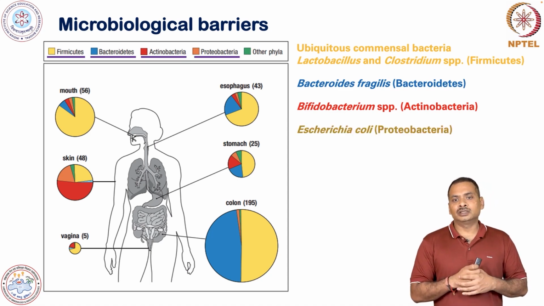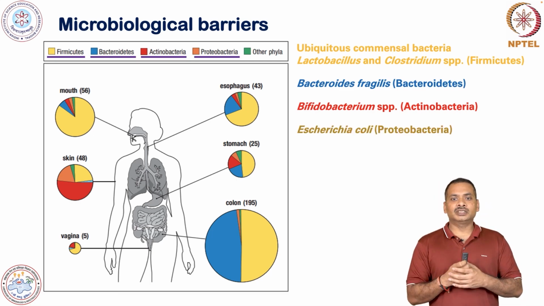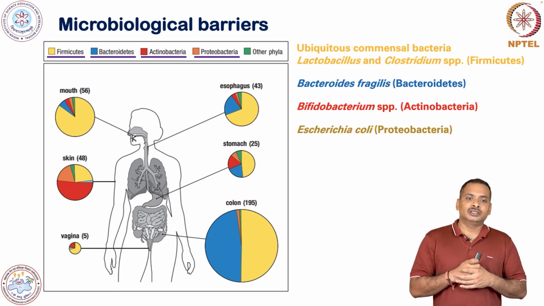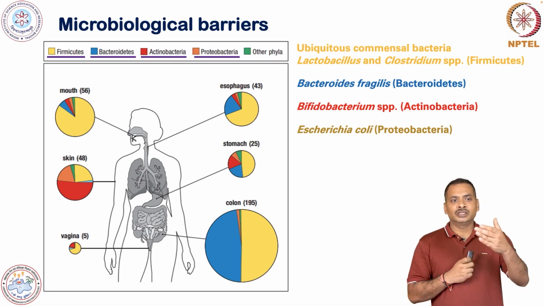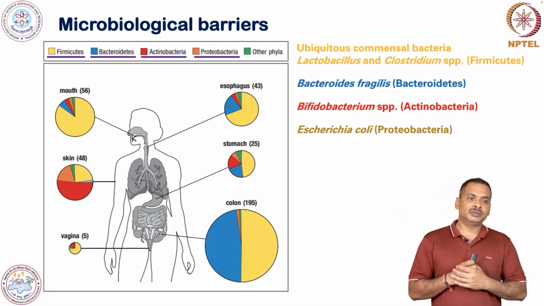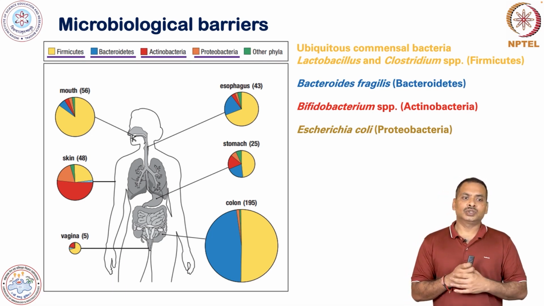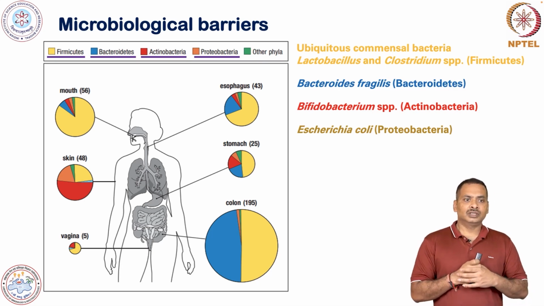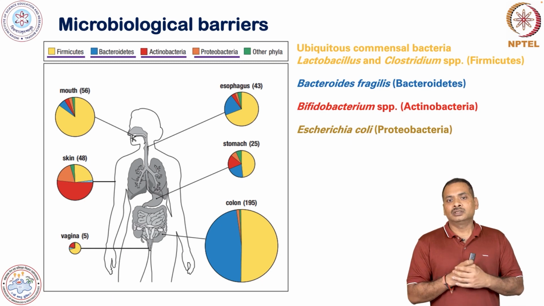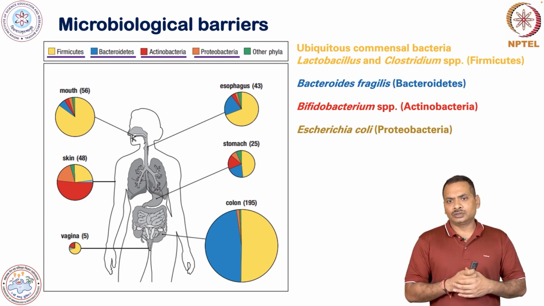There is also Proteobacteria. Basically this is E. coli species, and their number is higher in the esophagus and stomach and quite low in the colon. They are also present in the vagina and mouth.